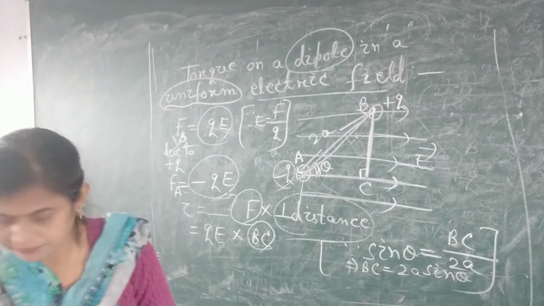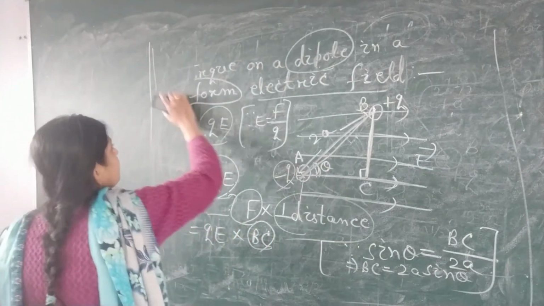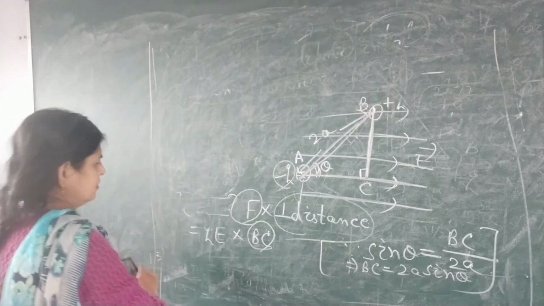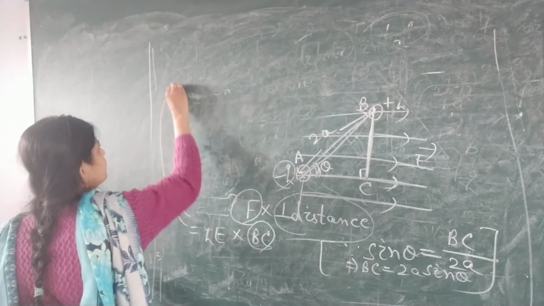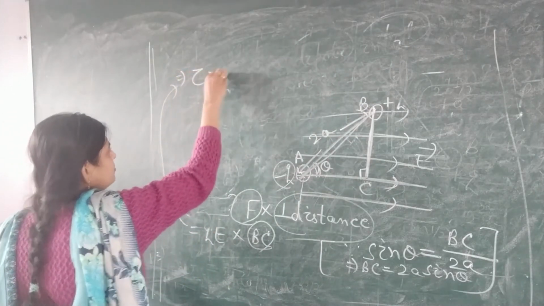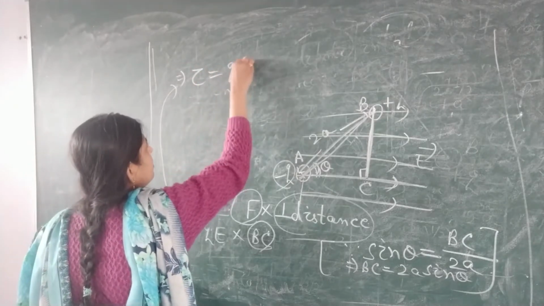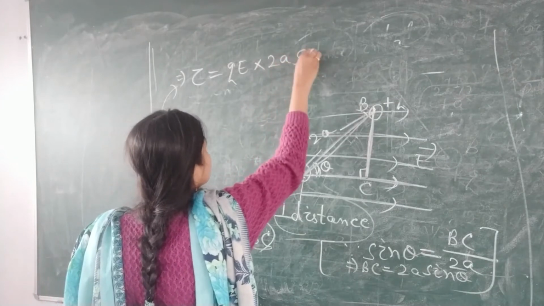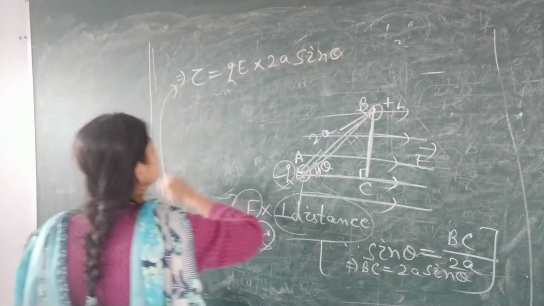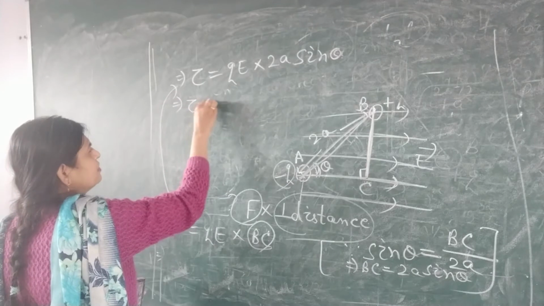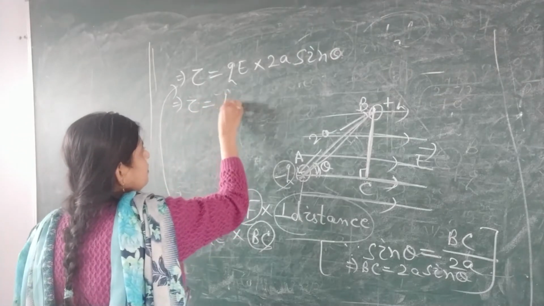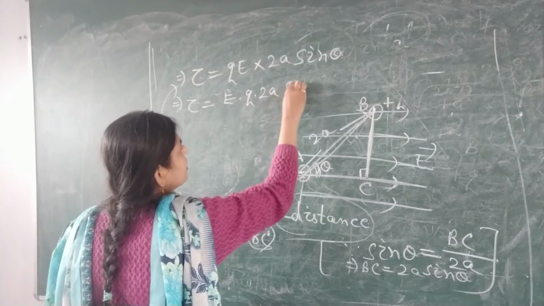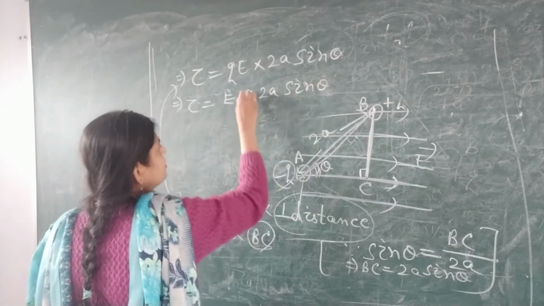So we can write torque is equal to QE multiplied by 2A sin theta, or you can write E into Q into 2A sin theta.